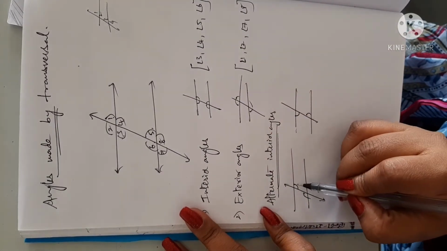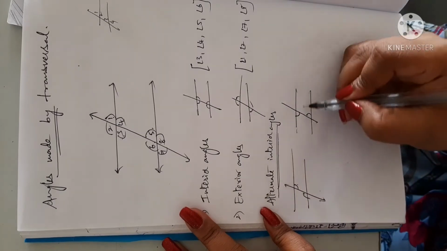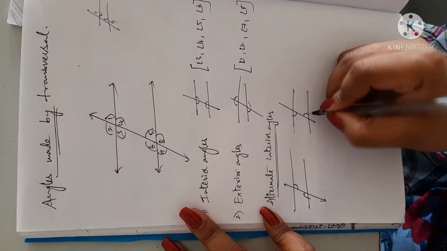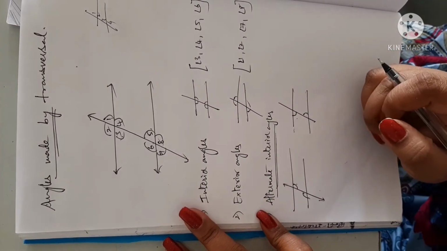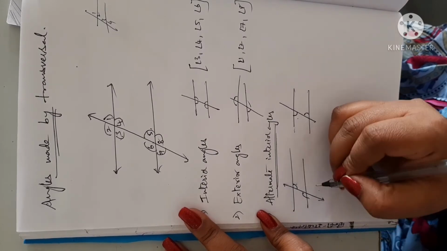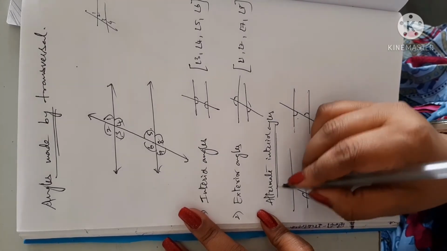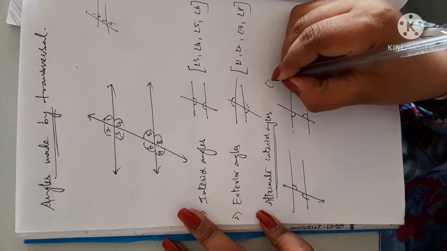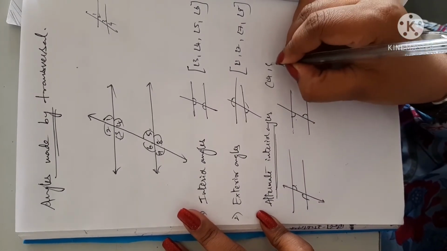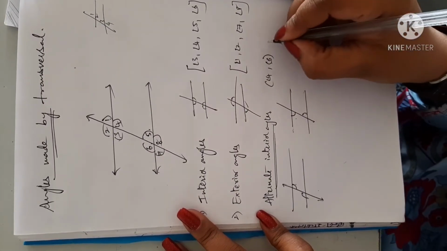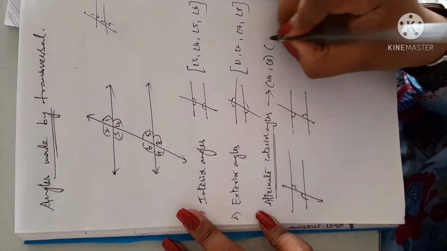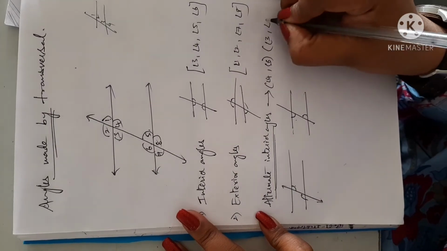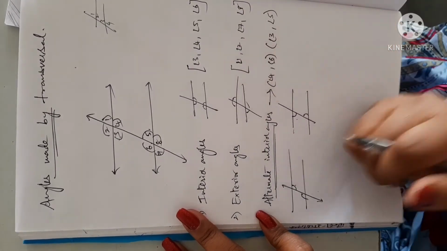If one is on the right side, the other one is on the left side. Either side of a transversal they are going to be, and they should be interior angles. So angle 4 and angle 6 are one pair, and angle 3 and angle 5 are the other pair of alternate interior angles.